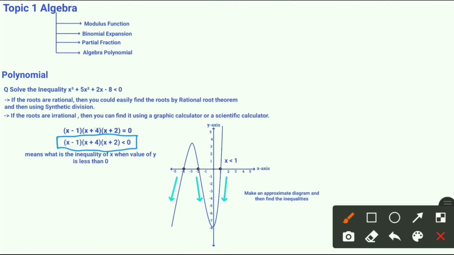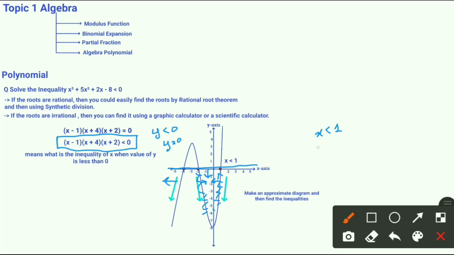First of all, you're going to break it down into two equations. One is y less than 0 and the other is the equation which you just made a graph of, y equals 0. Y less than 0, so the line is going down, and as it is going down, it's intersecting, which means it's going here and here.